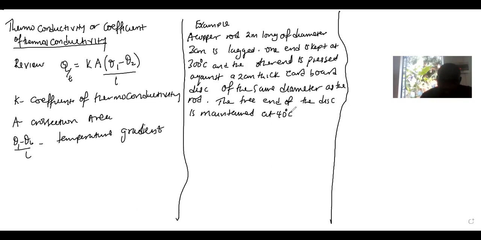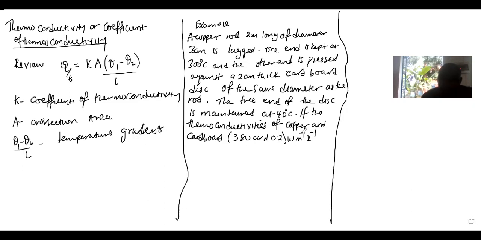at 40 degrees Celsius. If the thermal conductivities of copper and cardboard are 380 and 0.2 watts per meter per Kelvin respectively, calculate: 1.